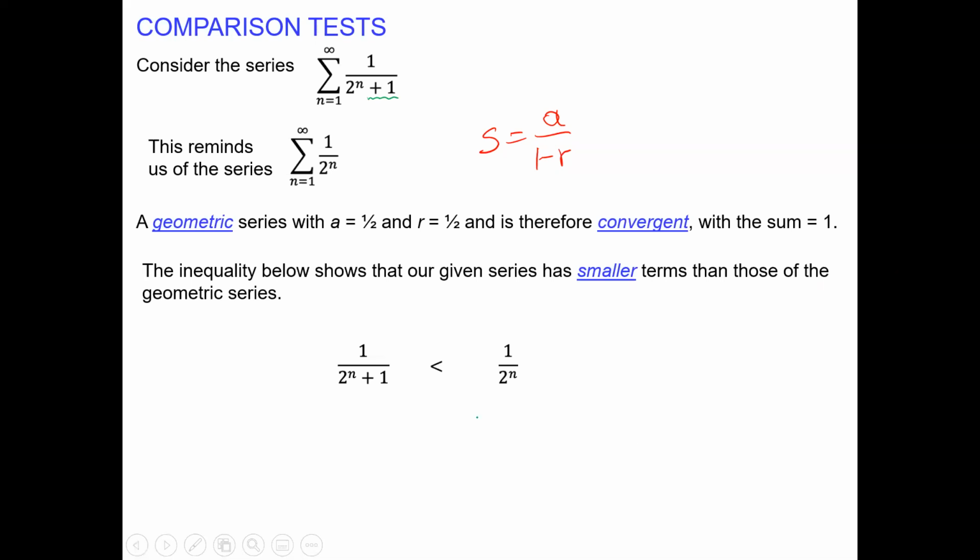And now I can also say for the same number of terms, this relation is true. The summation of this and the summation of these terms, but of course for the same number of terms. And now this one, we figured out that is convergent.